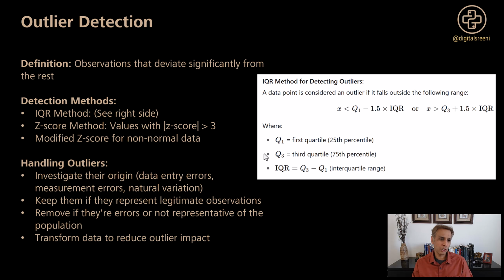I also put some notes on how to handle outliers. Usually it completely depends on the scenario. You can ignore them in most scenarios, but if it's important data, then you may have to find ways to apply some transformation to bring it as close to a normal distribution as possible.